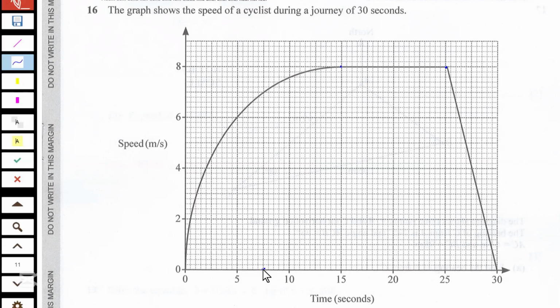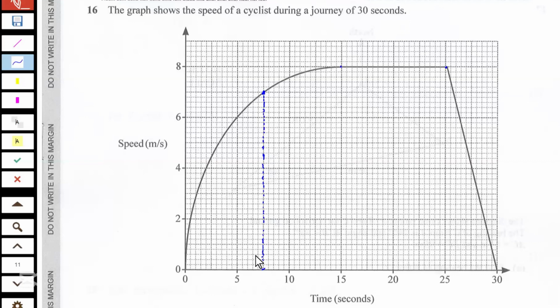So this is 7.5, and we're going to trace this up.